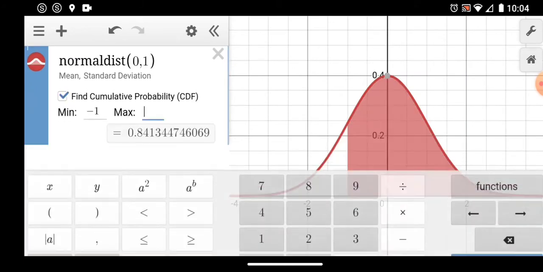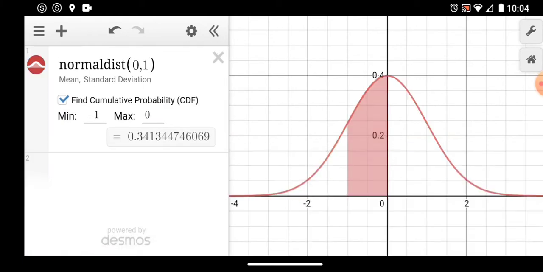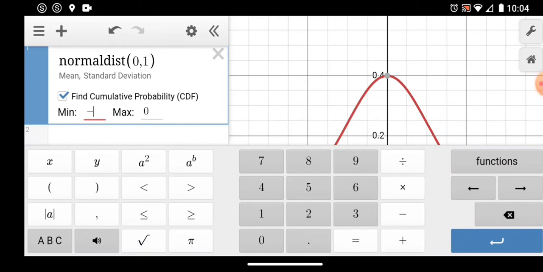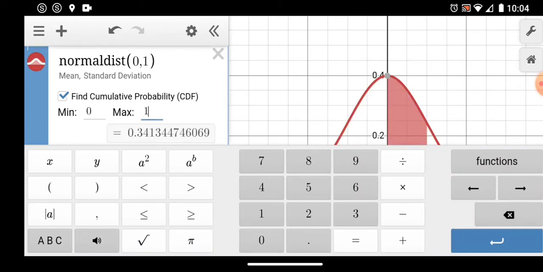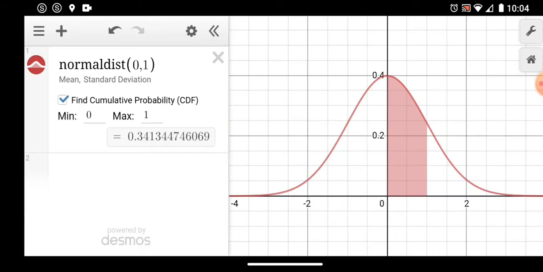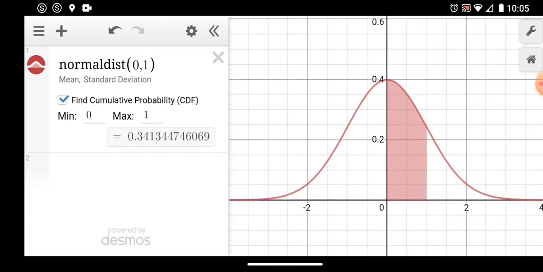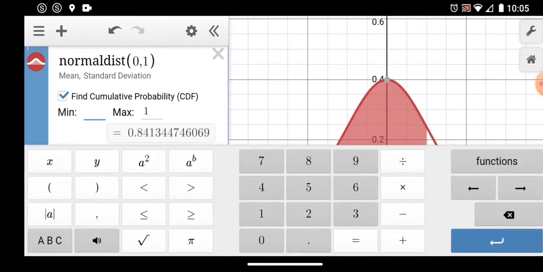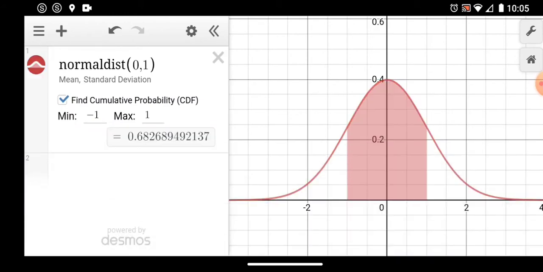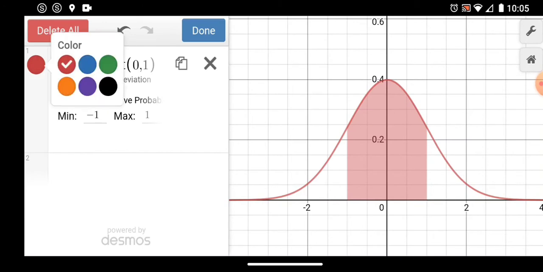Initially, this is from -1, 1 standard deviation below the mean. This is what's called a standard normal curve. And here, from the mean up 1 standard deviation. Look at that 0.34. That's the 34%. You might notice it's not exact. And if I go from -1 standard deviation to +1, I get the 68% of the area is visible there.